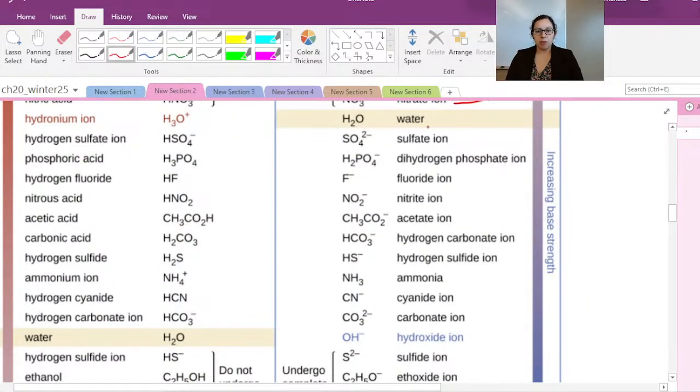But then all these are going to be basic. Obviously, hydroxide's basic, but we're seeing that. So then everything in between is partially dissociated. Exactly. So all these in between, once you recognize it's something in between, it's an equilibrium constant, and then, yeah, ICE table and all that good stuff.